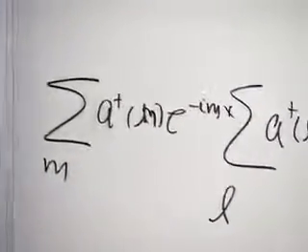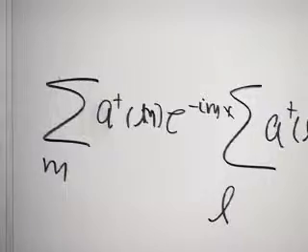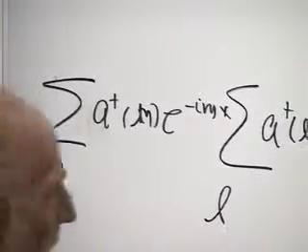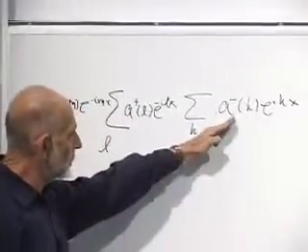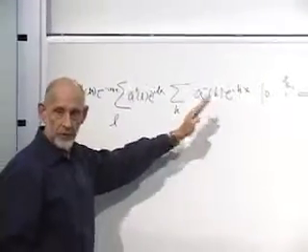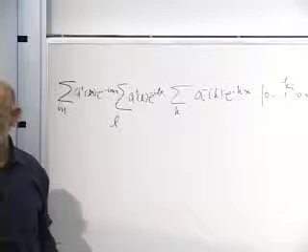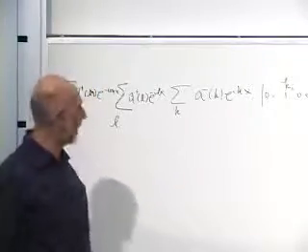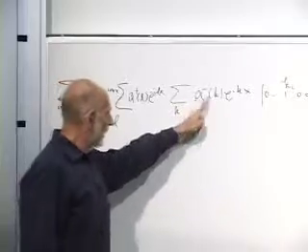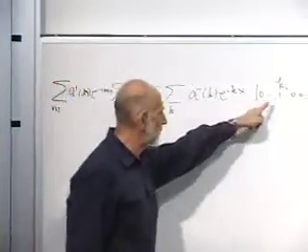All right, what kind of state does this create? Let's see. First of all, here's a big sum. Which terms of this sum give something which is not equal to 0? Only if this k here is not the same as this k.